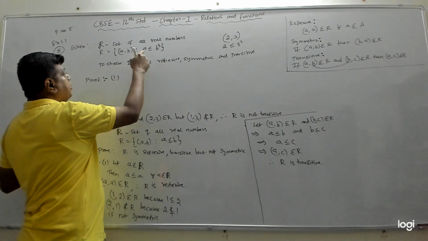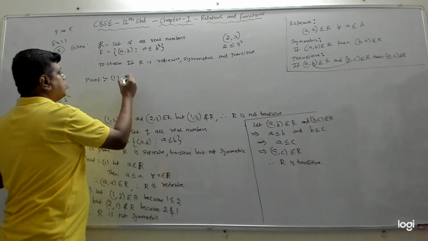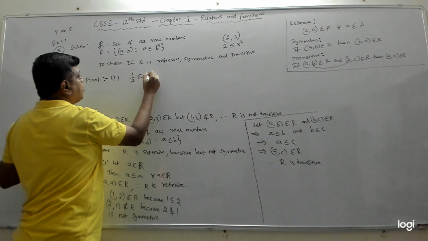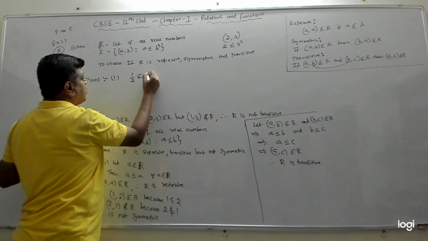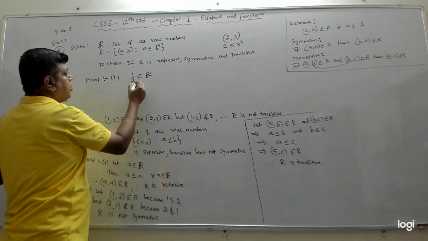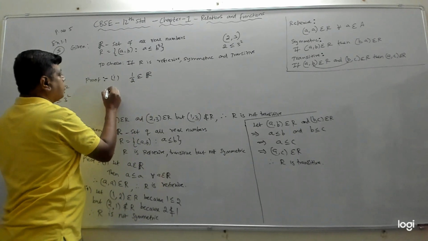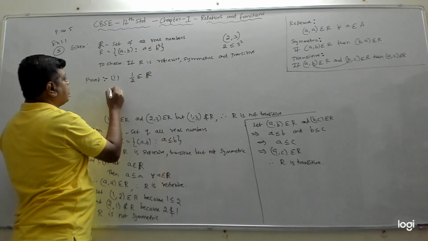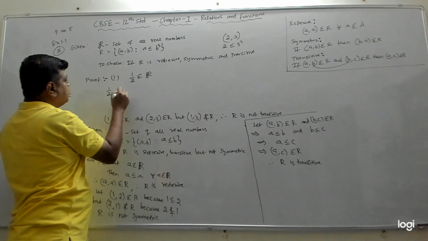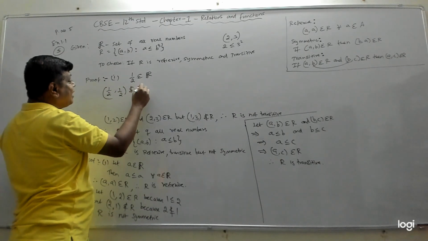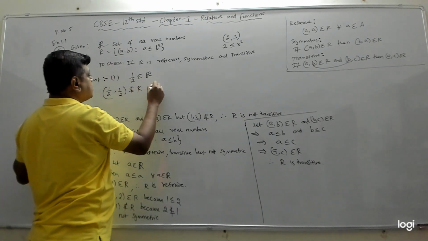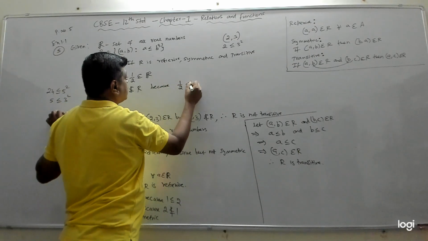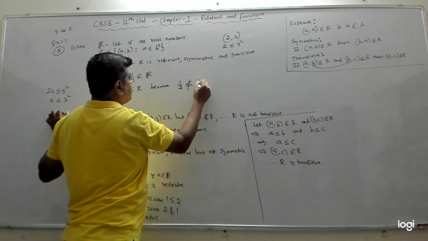Now again the same logic. If you take any number between 0 and 1, this condition will fail. Suppose we take the number 1/2. 1/2 belongs to R, the set of all real numbers. But (1/2, 1/2) does not belong to the relation R, because 1/2 is not less than or equal to (1/2) cube.